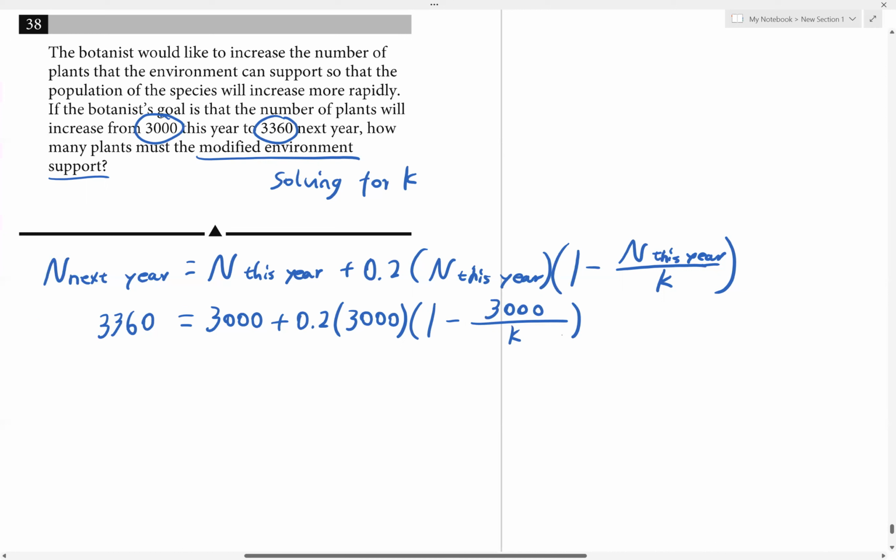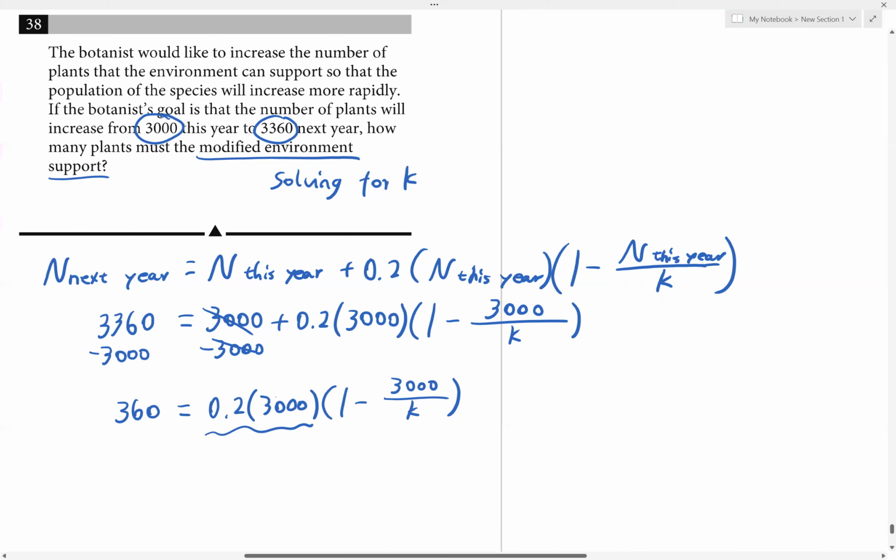So to solve this equation, we can first start by subtracting 3,000 on both sides, so that cancels out the 3,000 in front. So we do 3,360 minus 3,000, that should be 360, equal to 0.2 times 3,000 times 1 minus 3,000 over K. And then, if you want, we can multiply these two together. 0.2 times 3,000 should give us 600 in front.